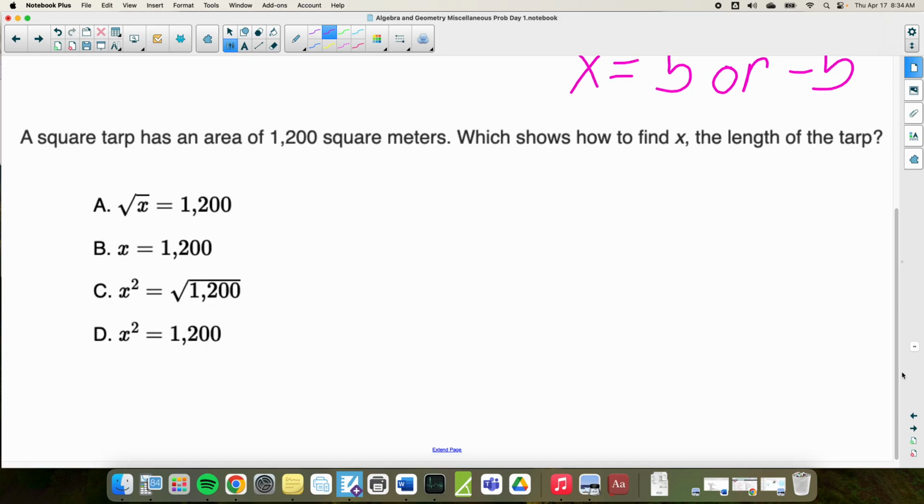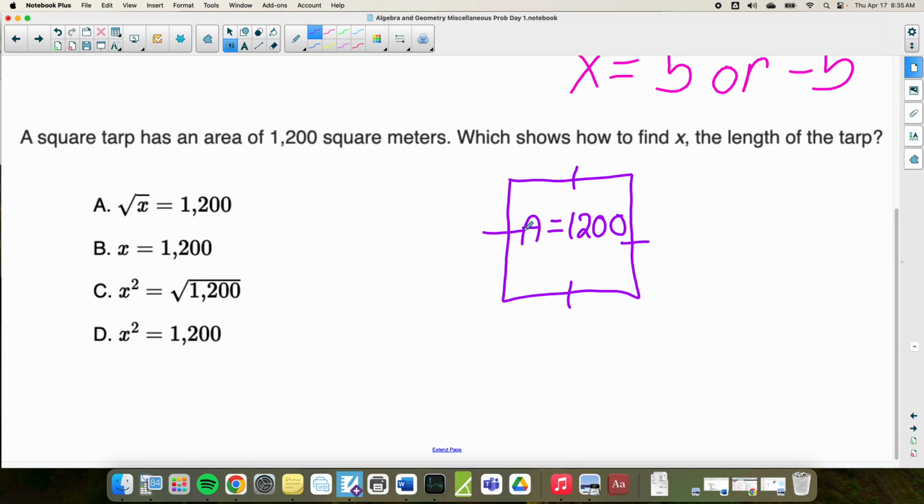Now, this says we have a square tarp, and the area of it is 1,200, which shows how to find x, the length of the tarp. In a square, all four sides would be equal. So if I call this x, that would be x too. And to find area, you just go length times width.